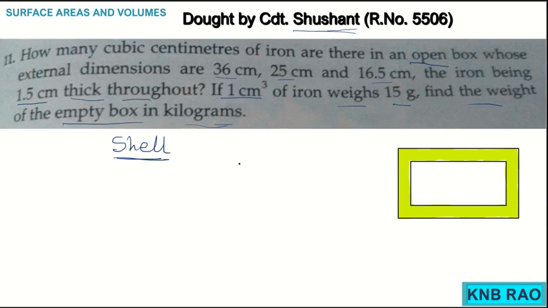In that wall construction of a well, you will get external radius and internal radius. Try to understand, volume of that wall is volume of a big cylinder minus volume of a small cylinder.